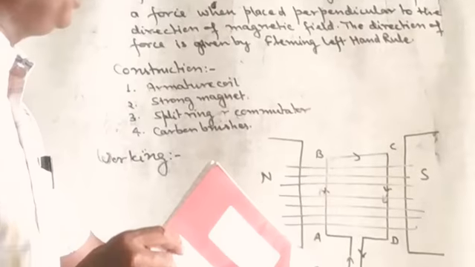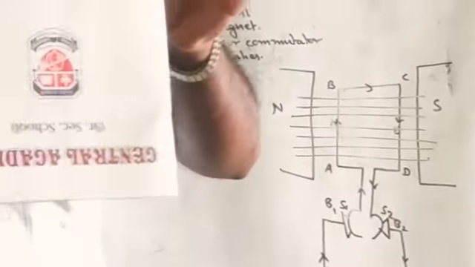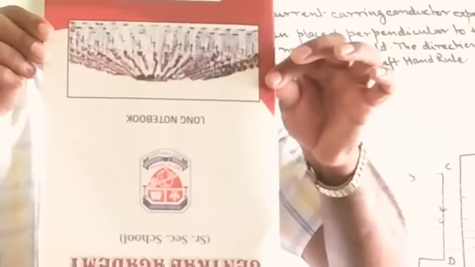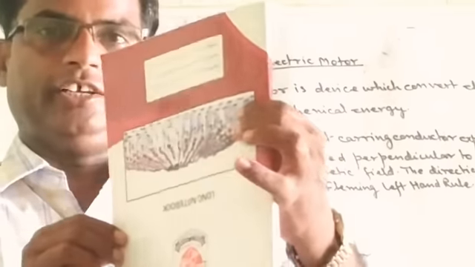After this, you see in this mechanism, all of you note the armature coil ABCD is connected through the split rings S1 and S2. When this armature coil ABCD rotates, the split rings S1 and S2 also rotate.